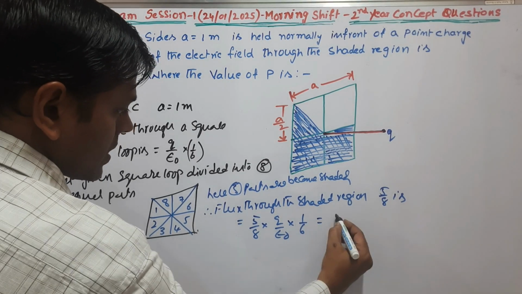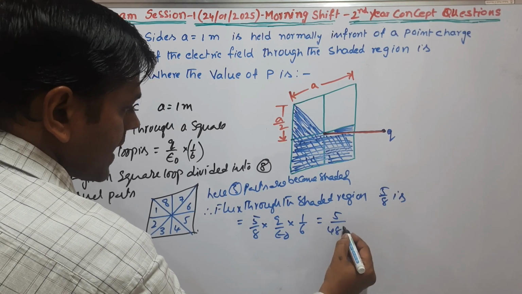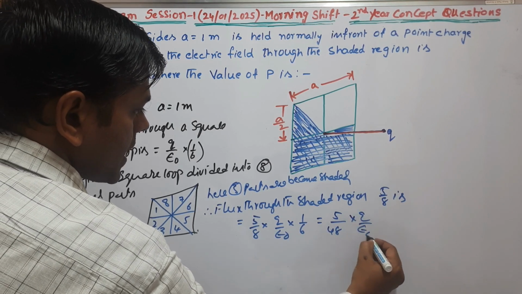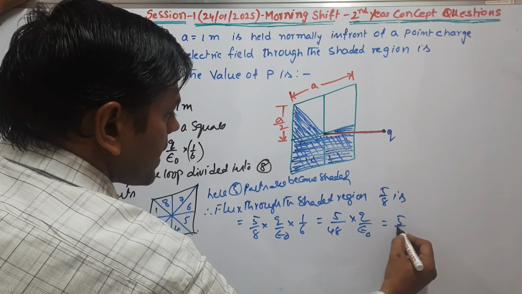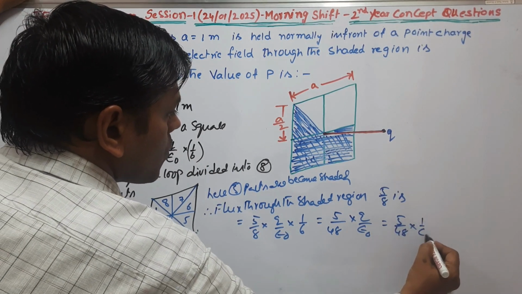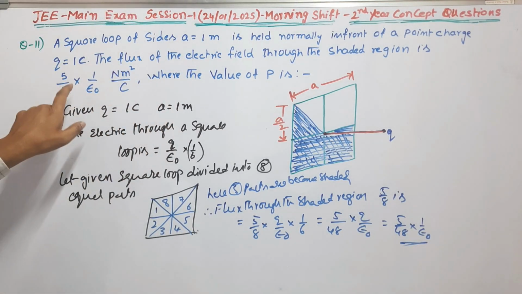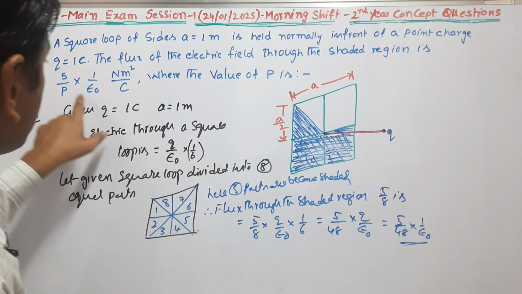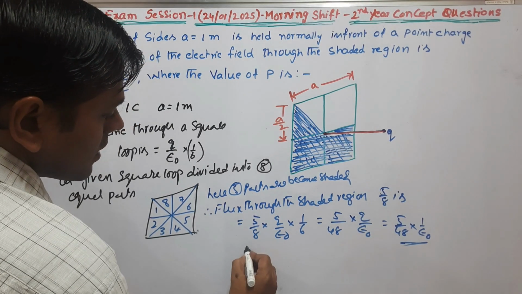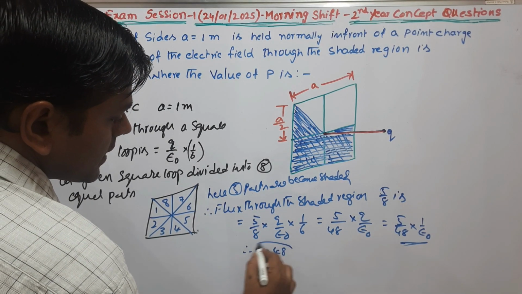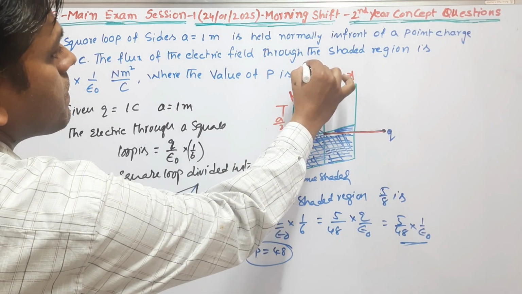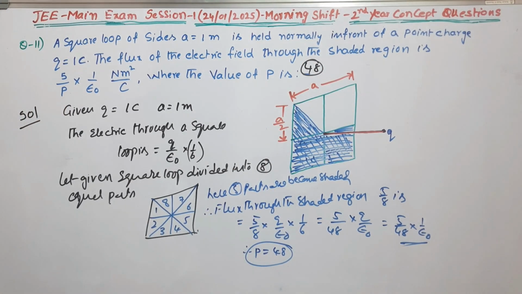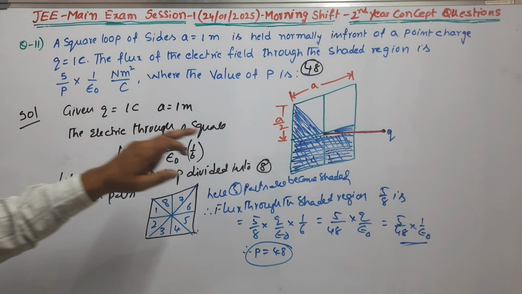Here, so what is the value? 5 by 48 into Q by epsilon naught, but you know Q is equal to 1 coulomb. So, which is equal to 5 by 48 into 1 by epsilon naught. So, compare given thing with this one. In place of P, what is the value there? Therefore, P is equal to 48. So, answer for this question is P is equal to 48. Okay? Right.